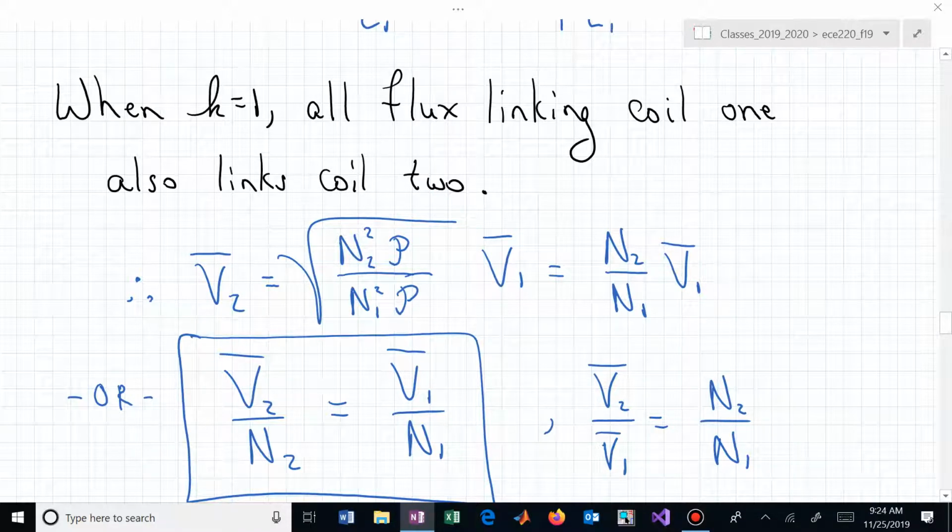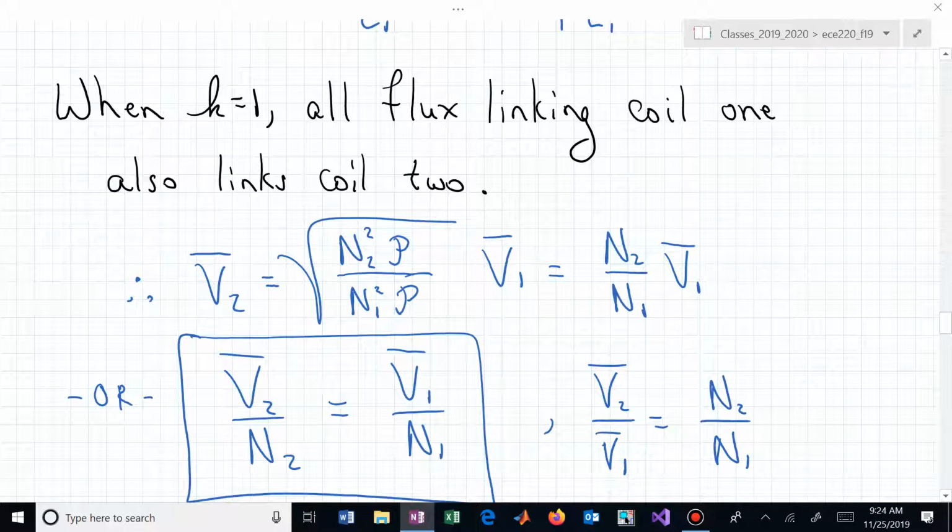L1 is N1 squared P, and L2 is N2 squared P. We replace L2 and L1 in our expression for V2's phasor and V1's phasor relationship. Take the positive square root, and we see that we now have this turns ratio connection between the primary side's phasor voltage and the secondary side's phasor voltage.